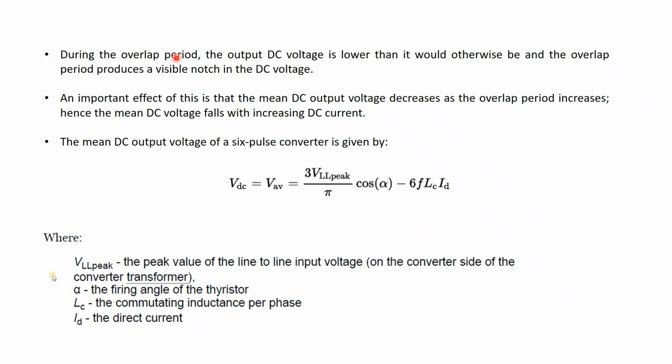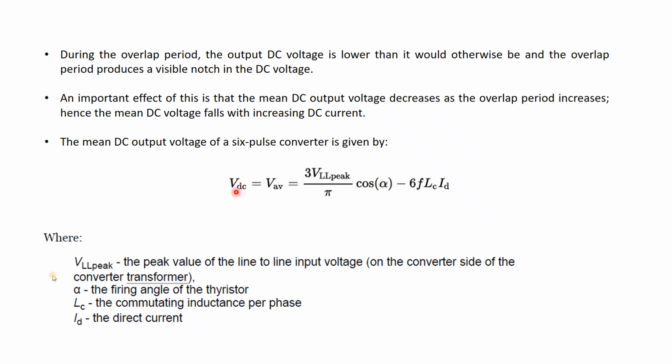So the firing angle of the thyristor plays an important role in controlling this overlapping period. If the firing of a thyristor is not done properly, there will be chances of more and more overlapping. If the alpha value is increased, then the cos alpha value will decrease, because we know cos of 0 is maximum, and as alpha increases more and more, the cos of that value decreases.